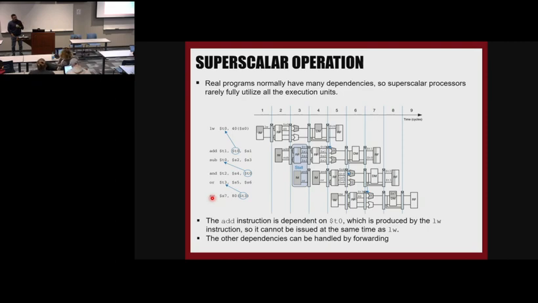Which means the IPC is going to be 6 instructions over 5 clocks, 1.2. Right? So 6 instructions, 5 clocks. So this is far from the ideal IPC of 2, the best case scenario for a two-way superscalar processor.